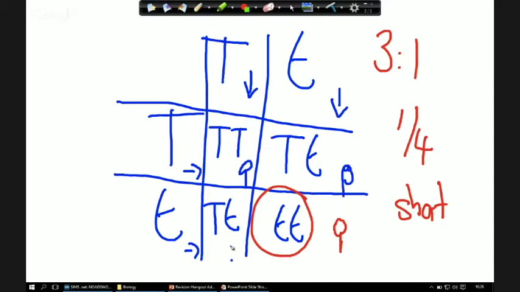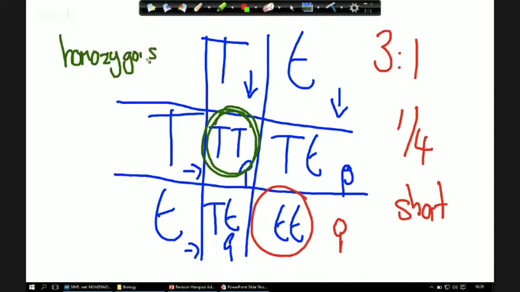But actually, he went one stage further than that. If we look closely, this tall plant has 2 dominant alleles. It is homozygous dominant.